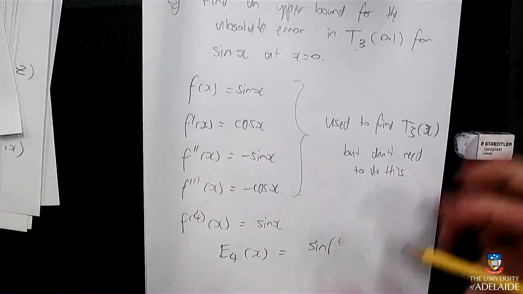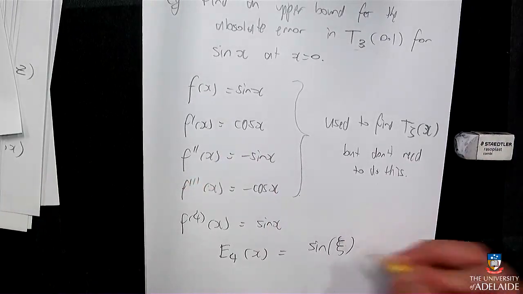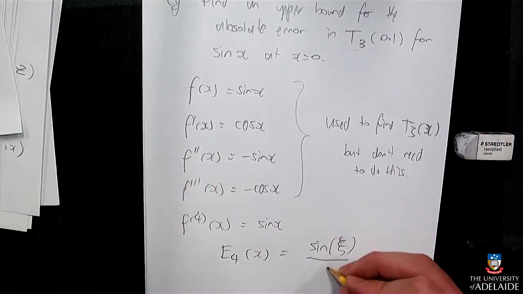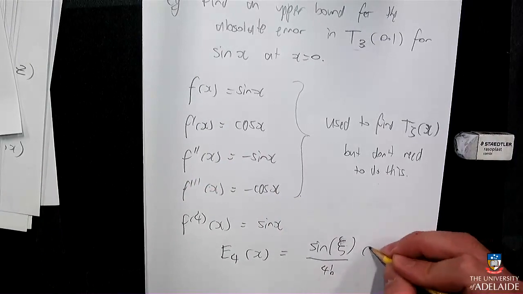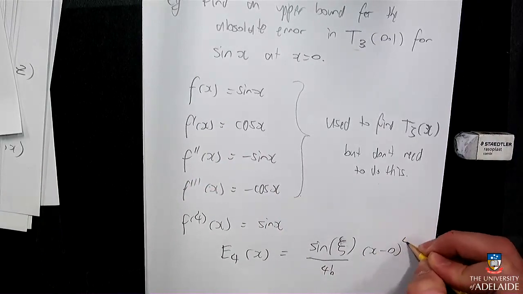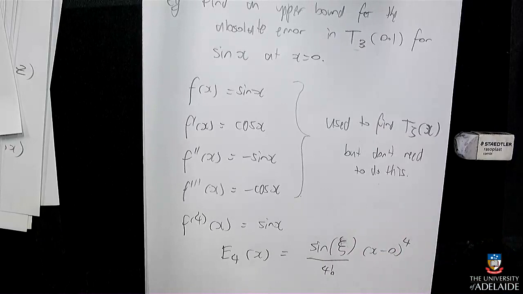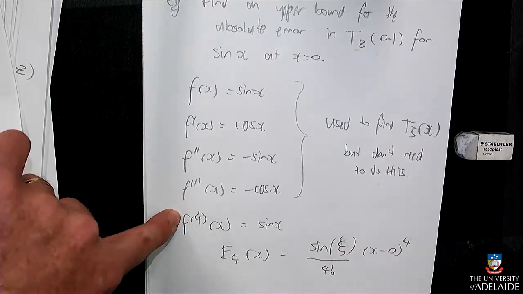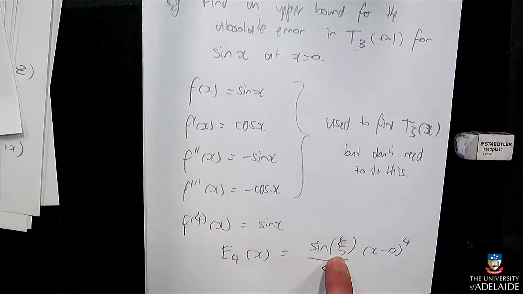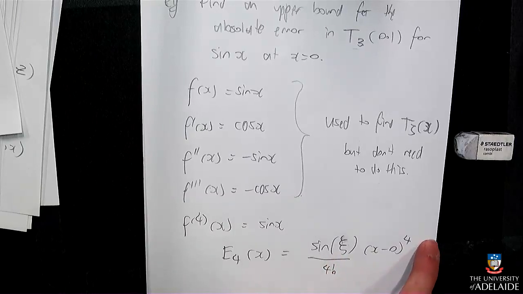See, I still get it wrong even though I taught you how. Okay, so I take the fourth derivative and I put the letter psi in it instead, and then I divide by the 4 factorial and do the power of 4.